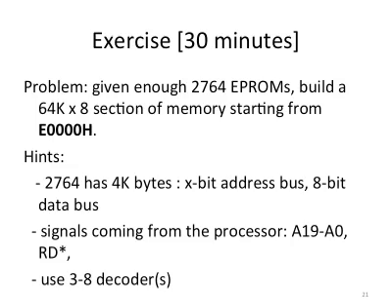The 2764 EPROM has 4K bytes, so 4K by 8. Now the first question you want to answer is how many address bits are on the address bus. And assume that the signals coming from the microprocessor include the address bits and read enable, and you can use 3 to 8 decoders.